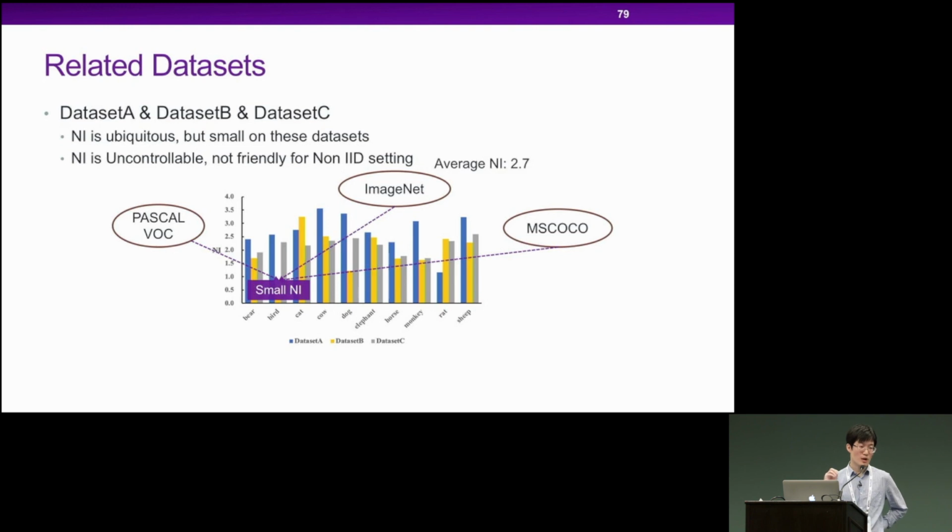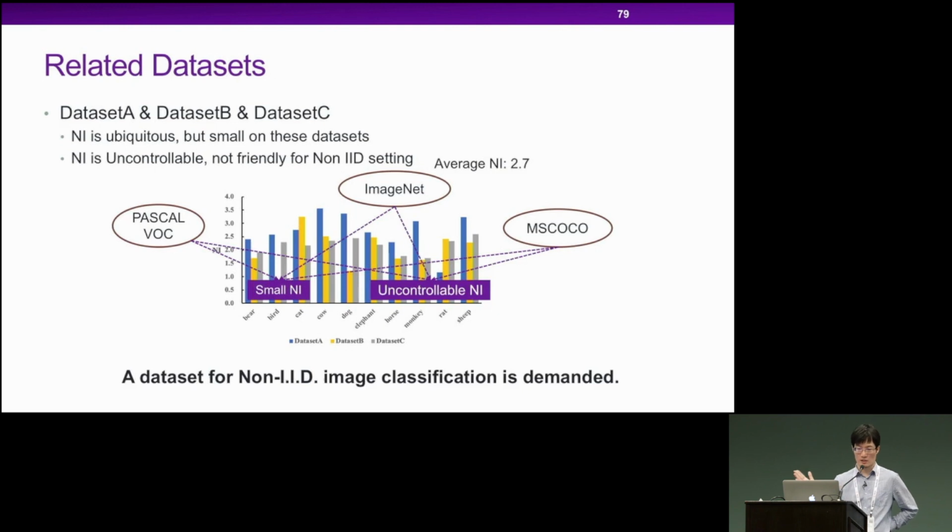So if you want to simulate even more challenging distribution change, this kind of data set cannot provide a flexible way to control the NI value of the resulting data set. So we think a data set that supports this kind of distribution change in image classification is highly demanded.